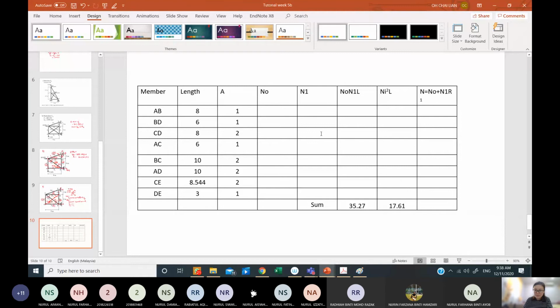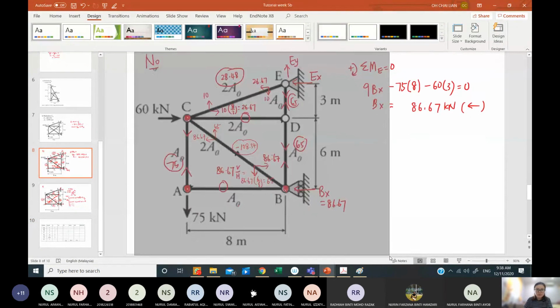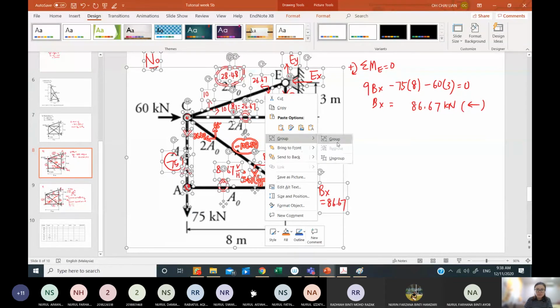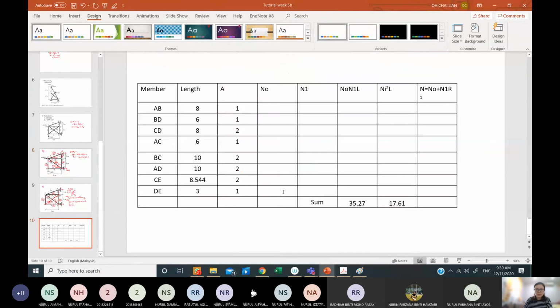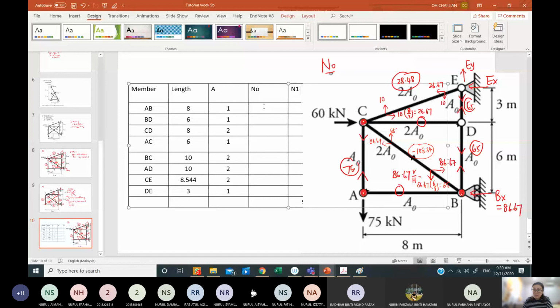How about you? Are you filling the table? Yes, doctor. Okay. So I'm going to use this indicator. This is 0, 5, 80. CD is 0. And then the AC is 75.